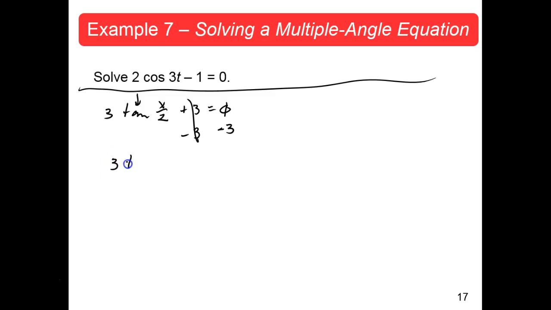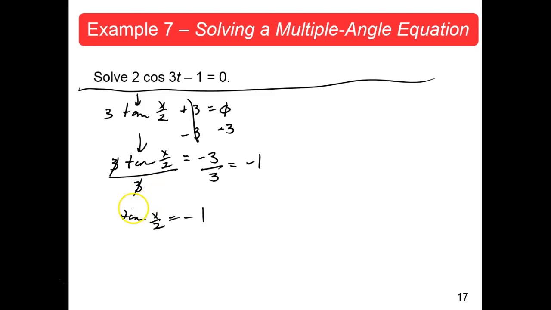So that gives you 3 tangent x over 2 is equal to negative 3. Now what? Yes, still trying to isolate the tangent, so divide both sides by 3. And what's negative 3 over 3? Negative 1. So now we have tangent of x over 2 is equal to negative 1.